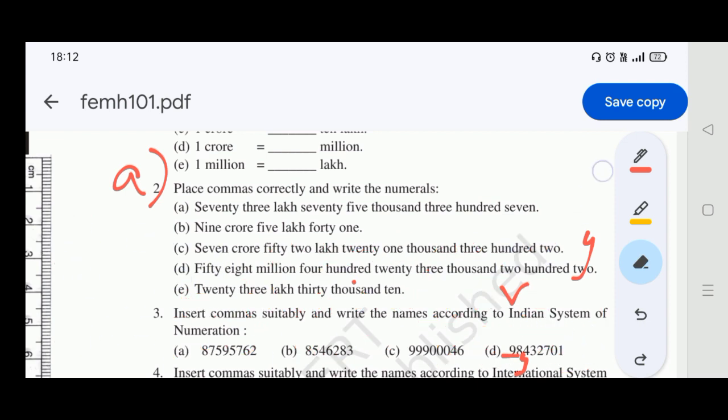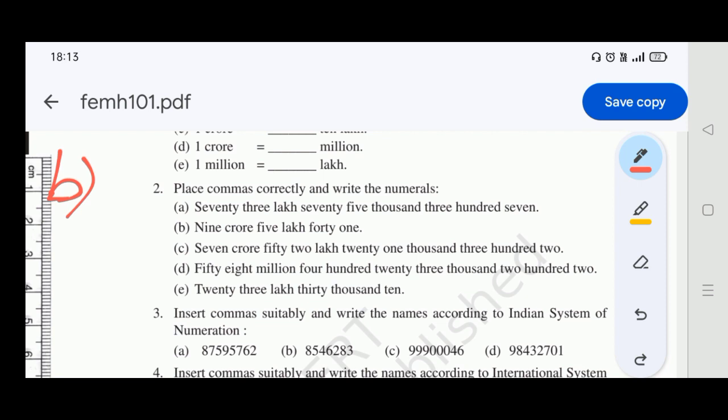Moving on to the B part. B part is 9 crore 5 lakh 41.